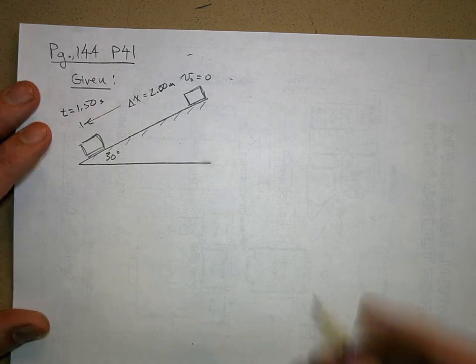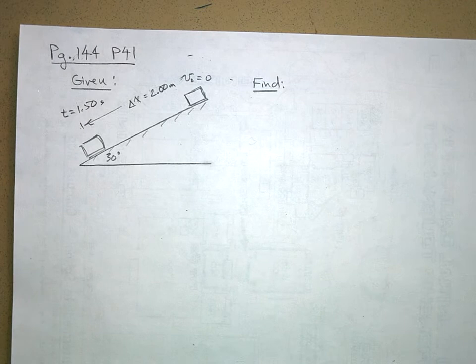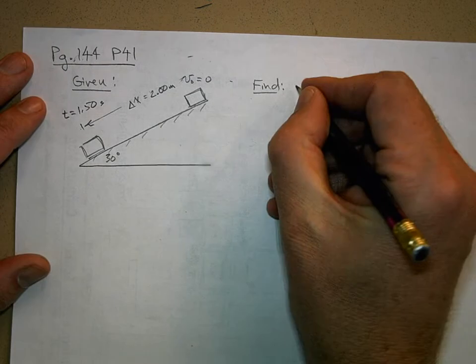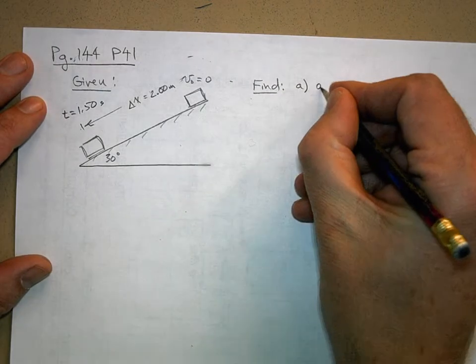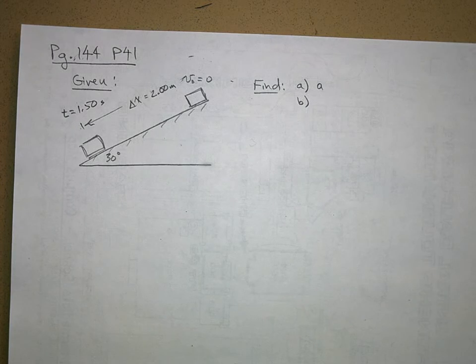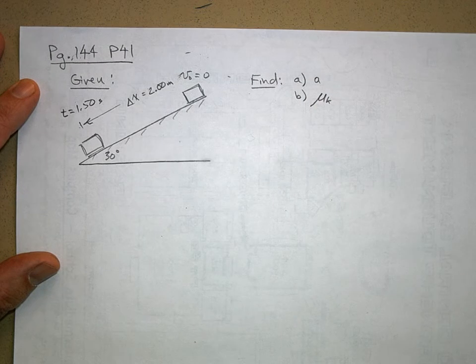And here's what we're trying to find. A, the magnitude of the acceleration of the block. B, the coefficient of kinetic friction between the block and the plane, mu sub k.